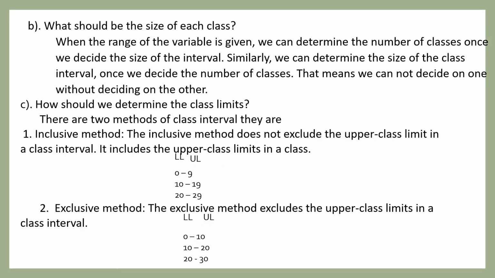The second one we need to decide is what should be the size of each class. When the range of the variable is given or the range of observations is obtained, we can determine the number of classes once we decide the size of the class interval.